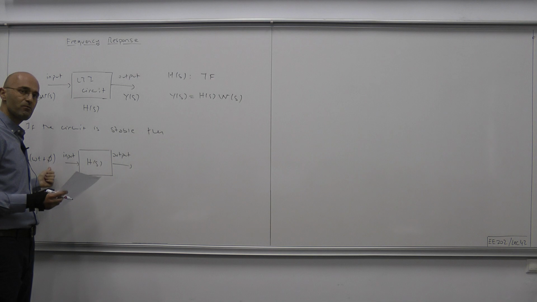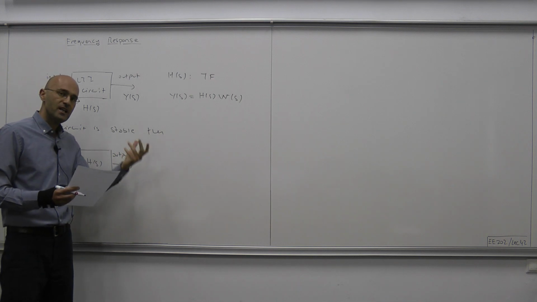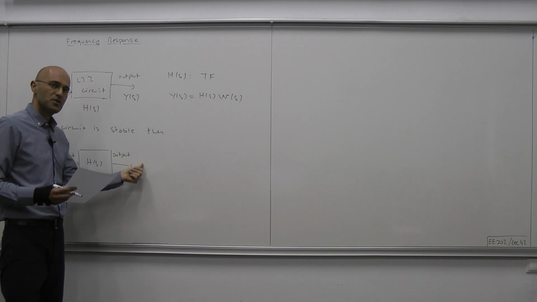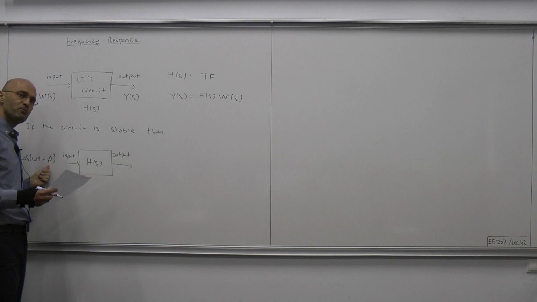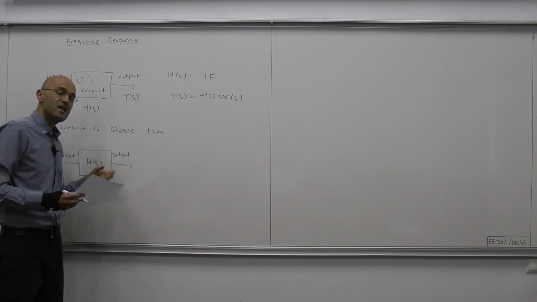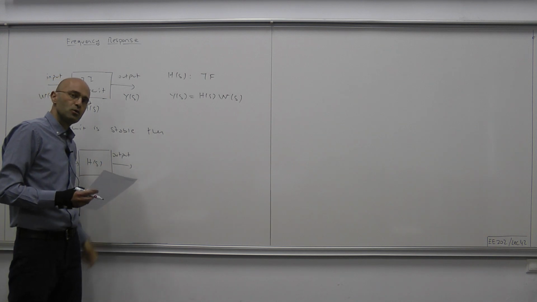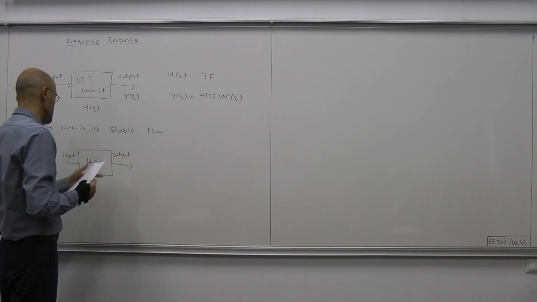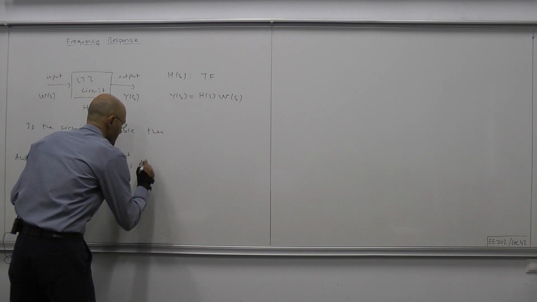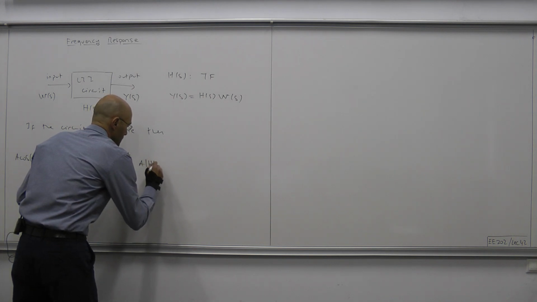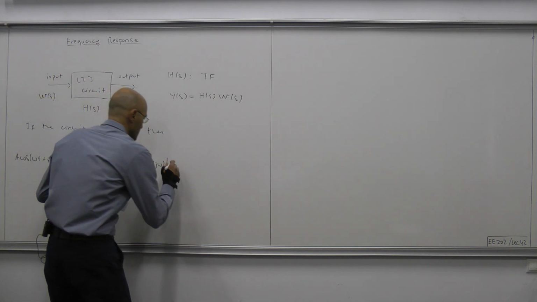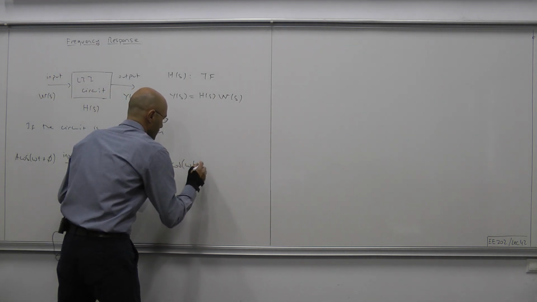As for the phase of the output, again it can be computed easily from the transfer function. The phase of the output equals the phase of the input plus the phase of the transfer function evaluated at, again, s equals j omega. That means at the output for this input we can write, for a stable circuit, the following: A times the magnitude of H(j omega), and then cosine omega t.